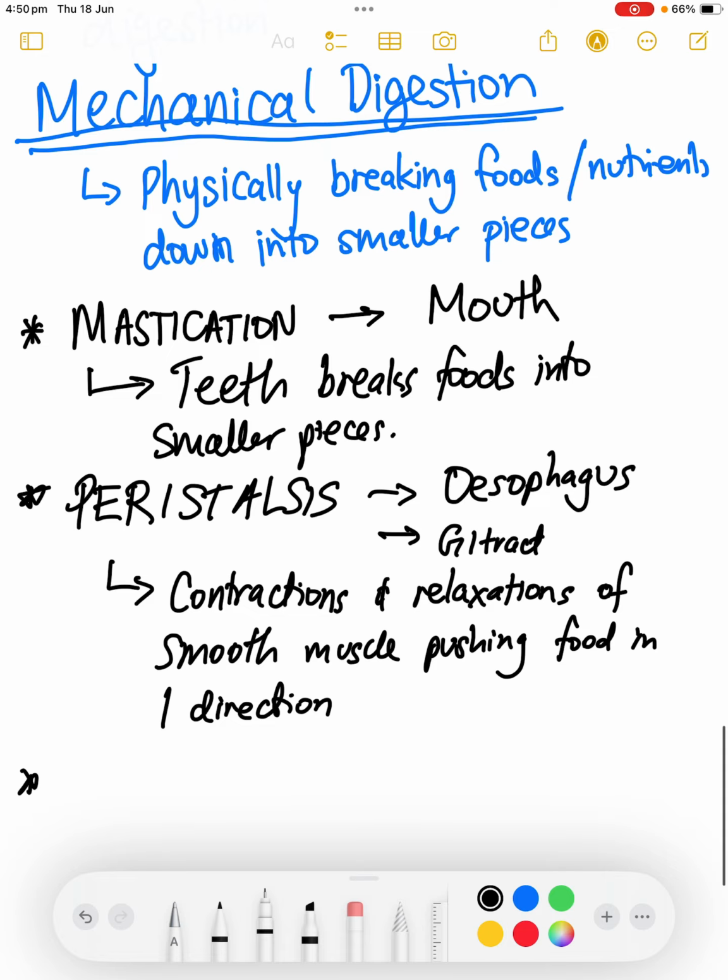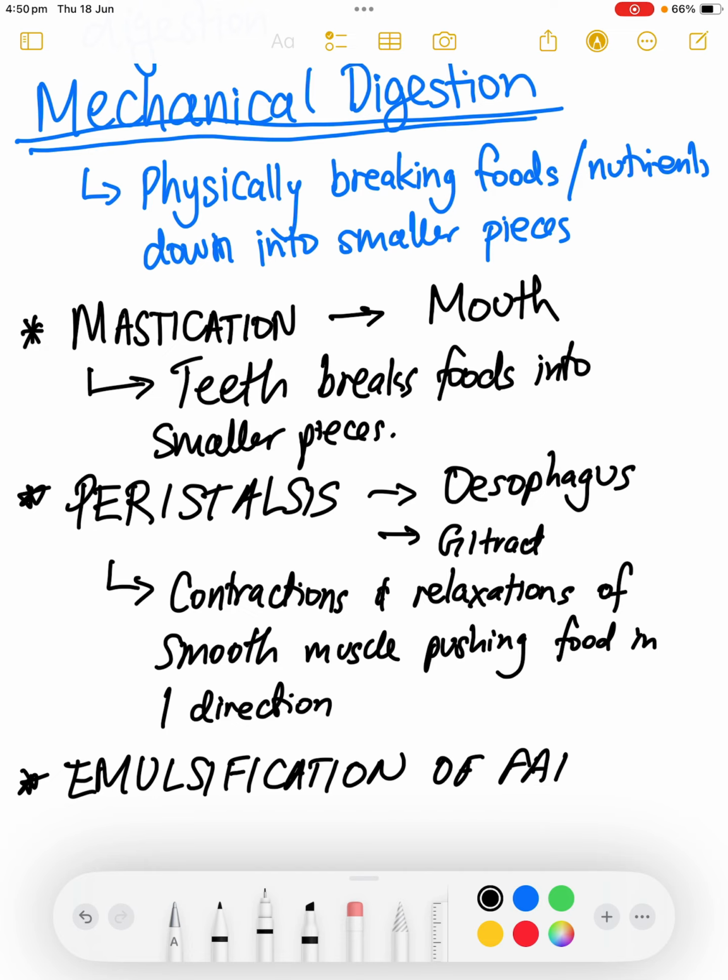The next one is emulsification of fat. Where does that happen? That happens in the small intestines. I'm just going to call that SI for now. In your notes, you can write that down as small intestines.